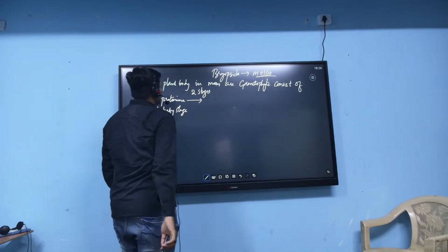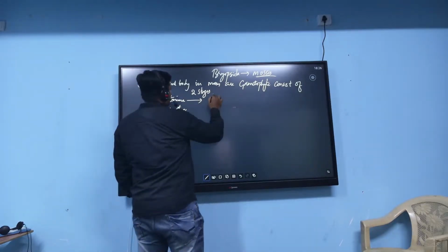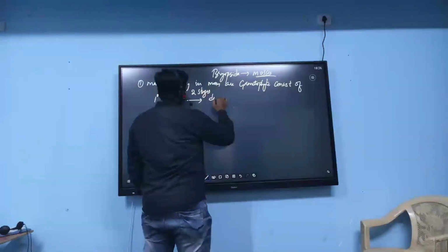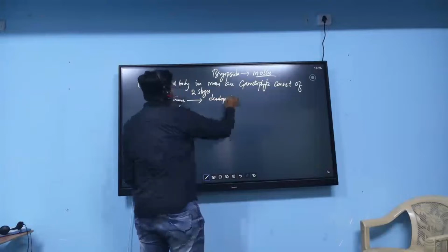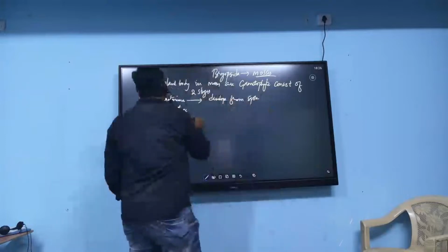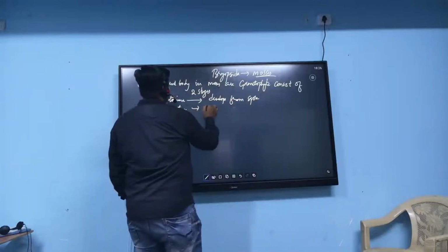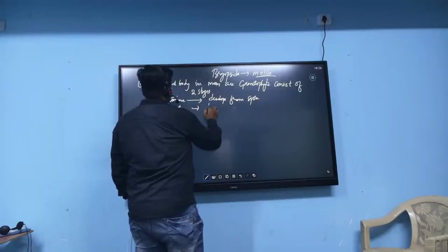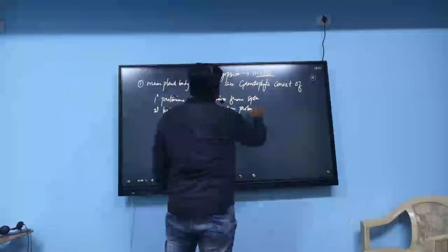Primary protonema develops from spores, and the secondary leafy stage develops from the protonema stage.